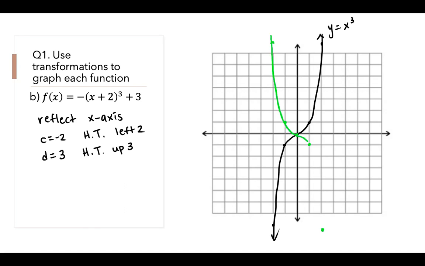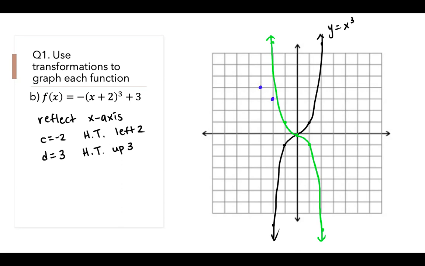Now it's still the same curvature, but it's been reflected. Now we're left with just a translation. We're going to move each point left 2 and up 3. For example, if I start from the center, left 2, 1, 2, and move up 3, 1, 2, 3. This is going to be my (0, 0). Again, for -1 and 1, I'm going to move left 2 and up 3.